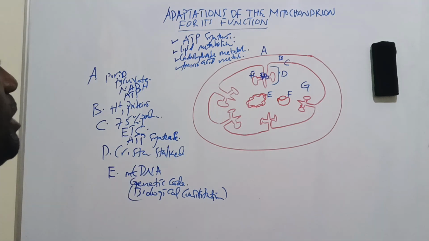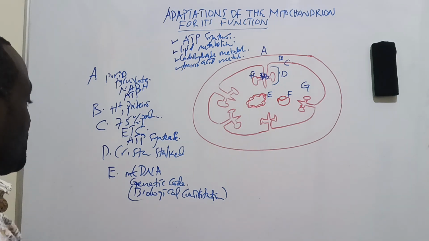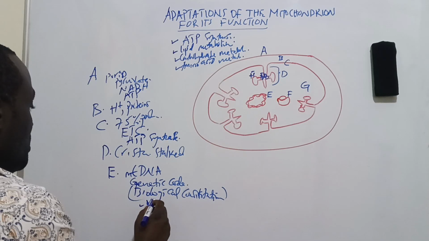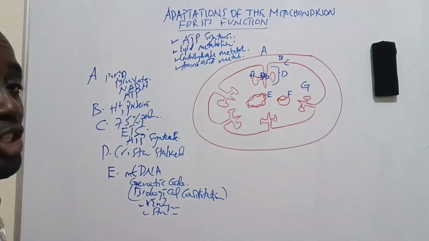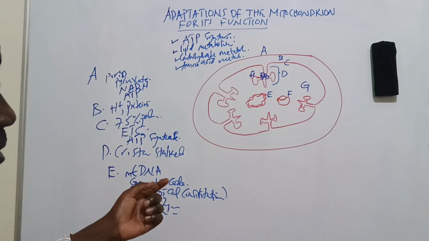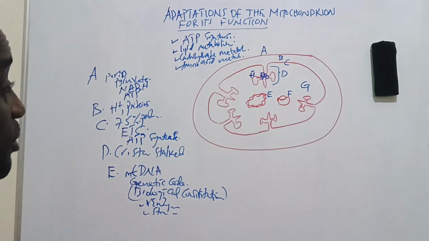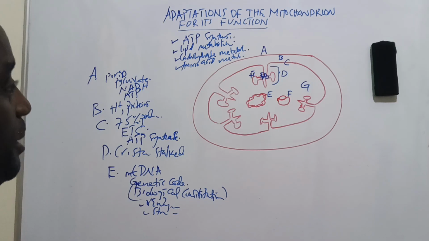So the mitochondrial DNA is involved in the synthesis of mitochondrial proteins. For example, these proteins may be enzymes, but also some structural proteins, like the ones that are to be embedded in the mitochondrial membranes, both the inner and outer membrane.